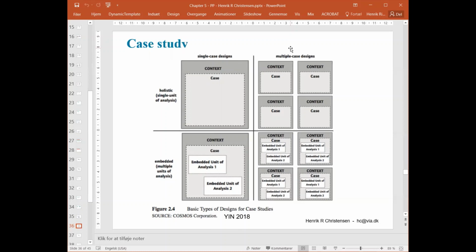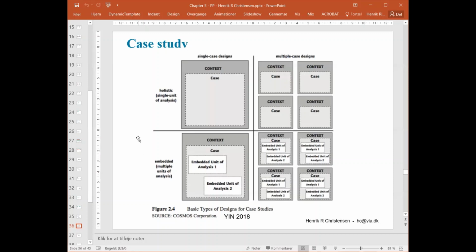So it's about defining whether we have only one case that we're looking at, or we might have more cases at the same time. And then he's also dividing into having a holistic view, meaning a single unit of analysis, or maybe multiple units of analysis.